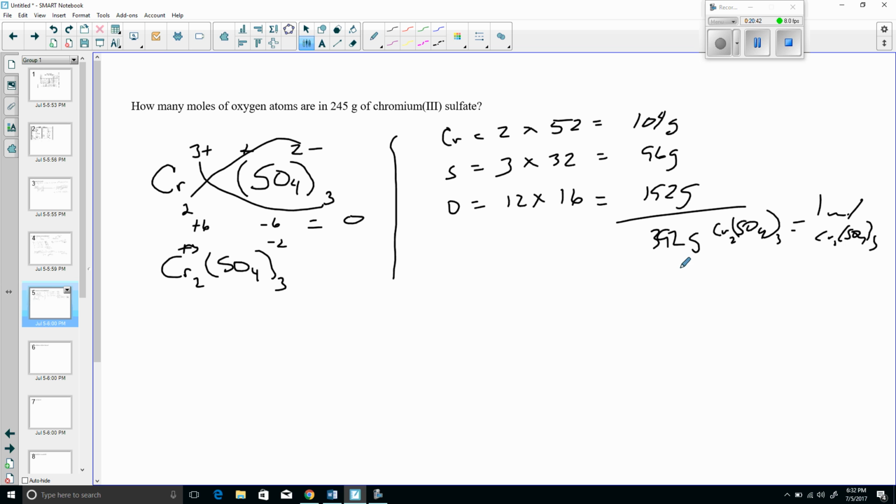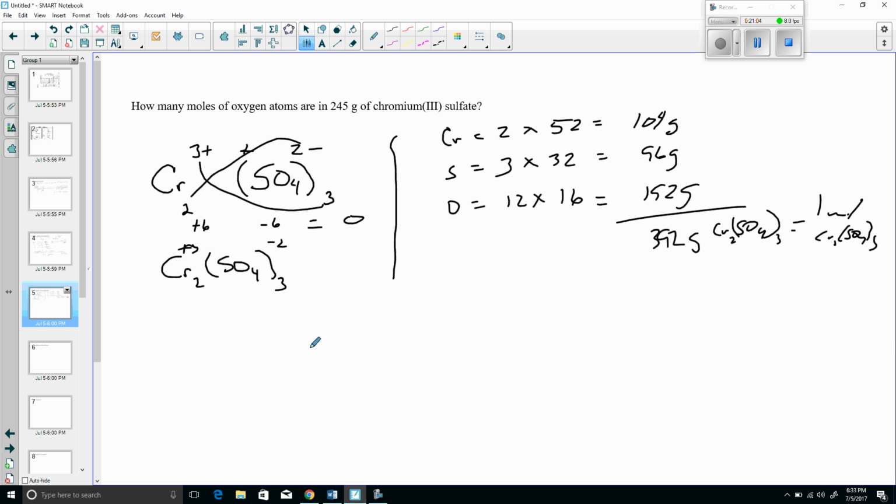So what that means is if we have 1 mole of chromium(III) sulfate, it's going to be 392 grams. And it's also going to be 6.02 times 10 to the 23rd, you guessed it, formula units of chromium sulfate, because this is an ionic compound.